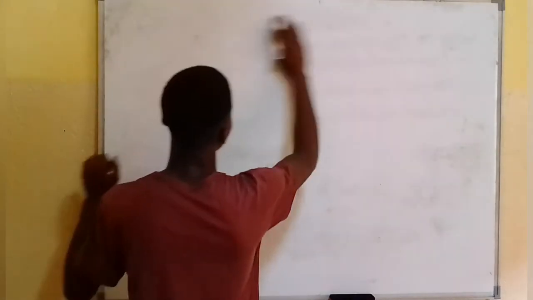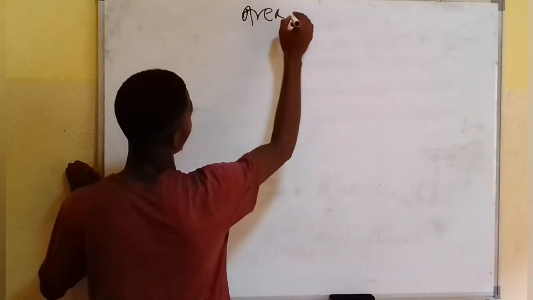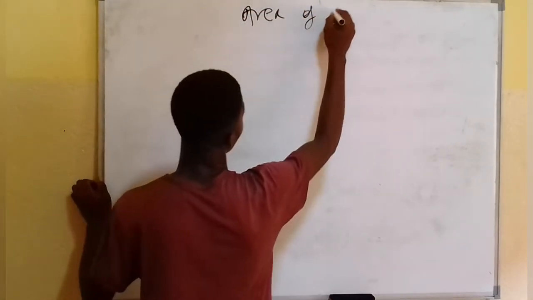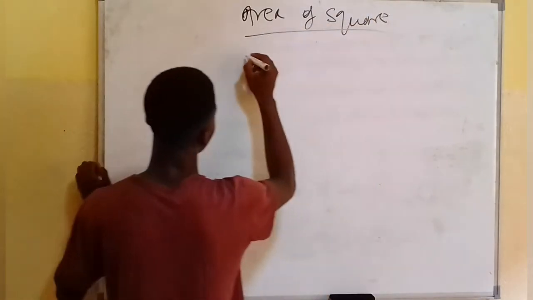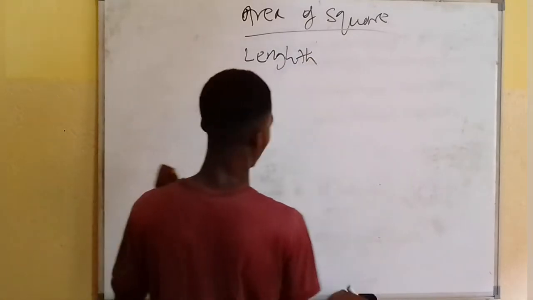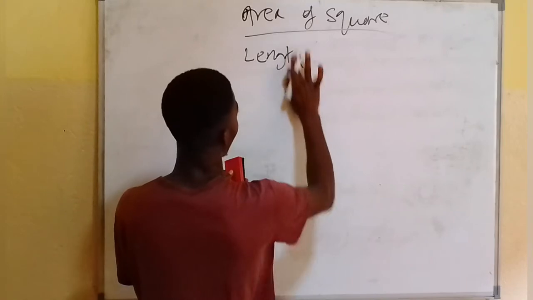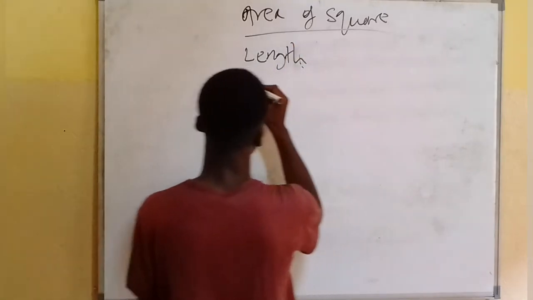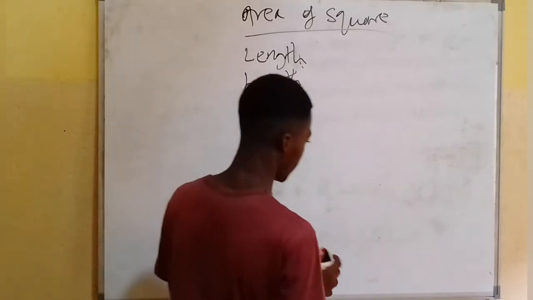Let's say you want to calculate the area of a square. You want to calculate the length, the breadth.